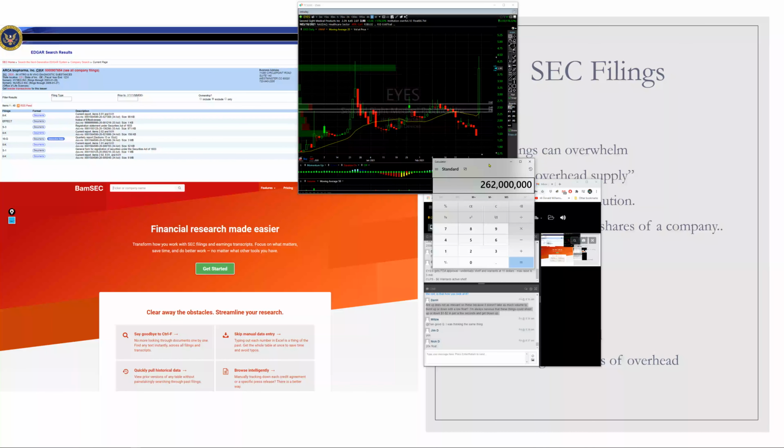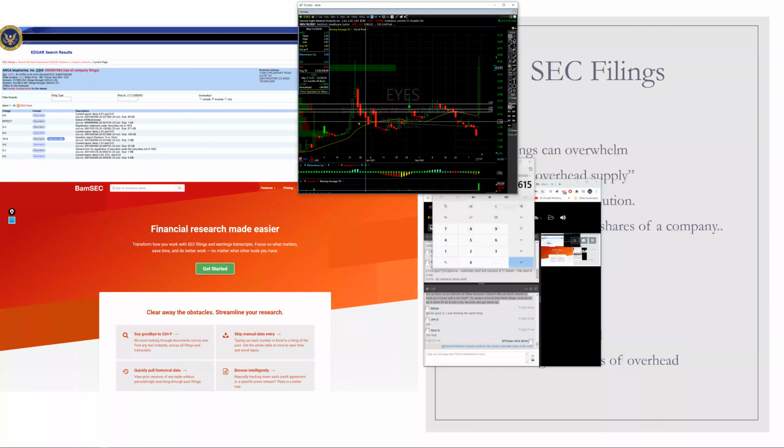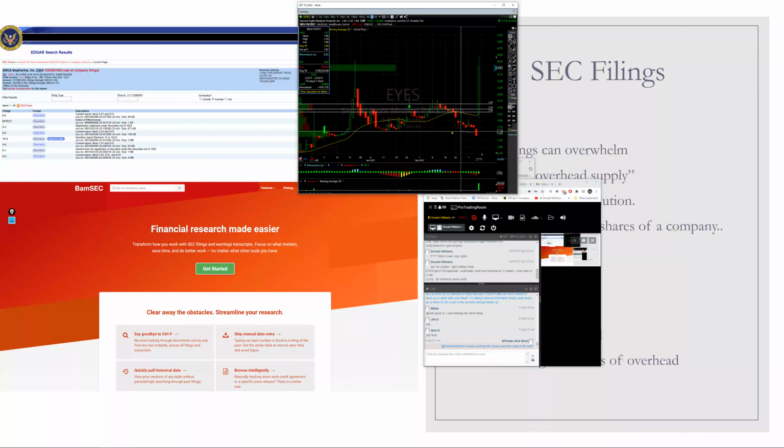And so if we divide that by 13 mil, we have traded 20 times float. Good idea, Efren. So yeah, we've traded the entire float 20 times. So what does that mean? Anybody and everybody that was trapped has had ample opportunity to get out, right?